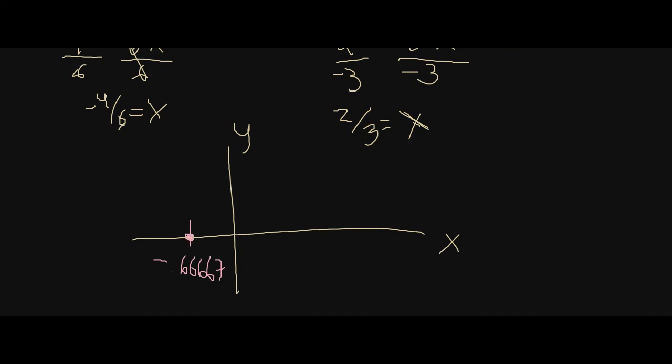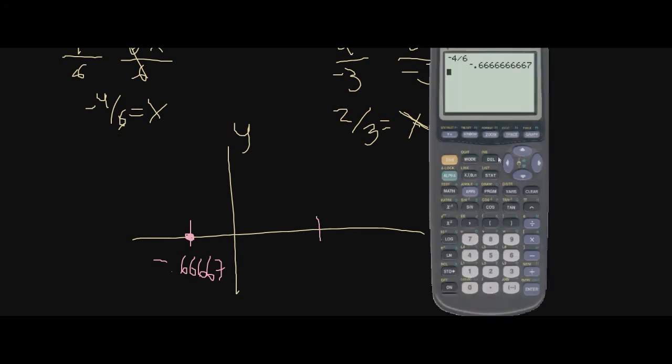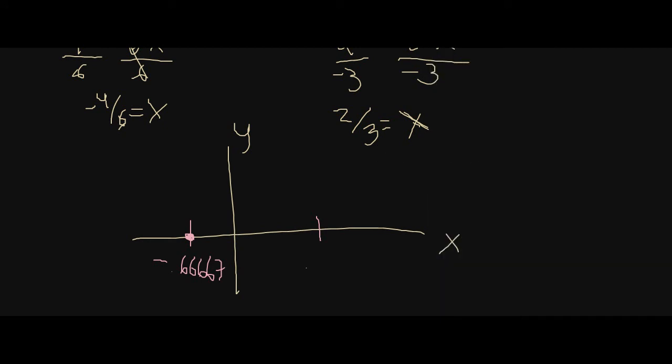So one of my roots occurs here, and then 2 over 3 is the exact same thing, and this is where I got tripped up. We're going to get positive 0.66667, and this is my second root. And my function will probably look something like that, because it's going to intersect at those roots there.